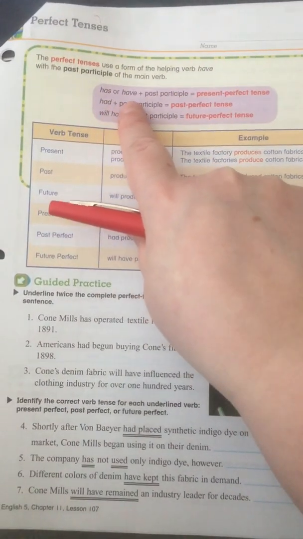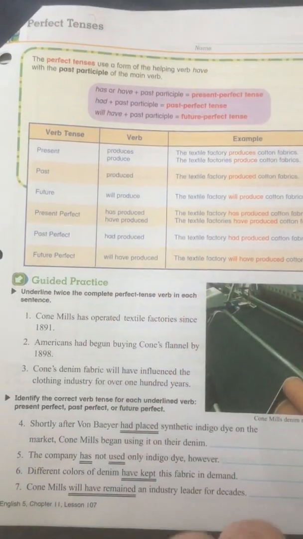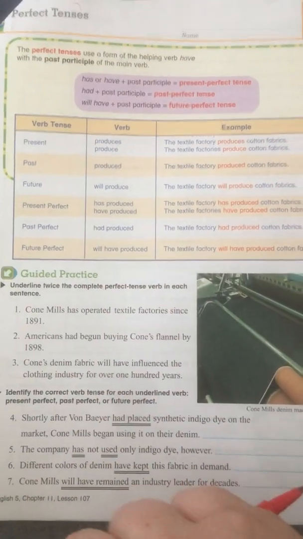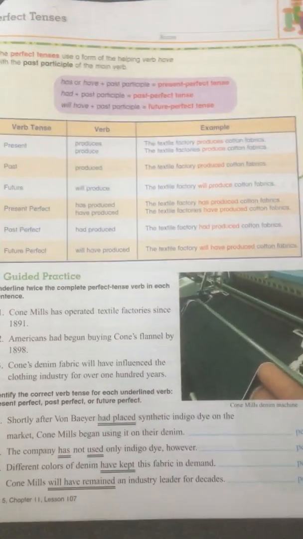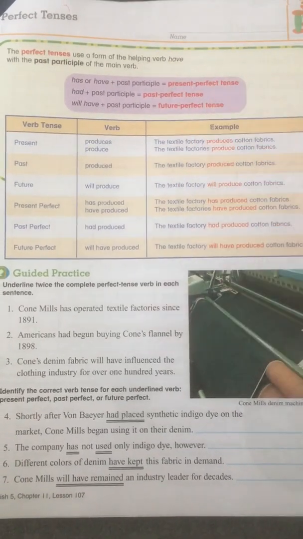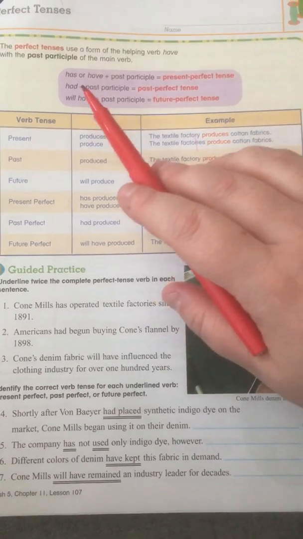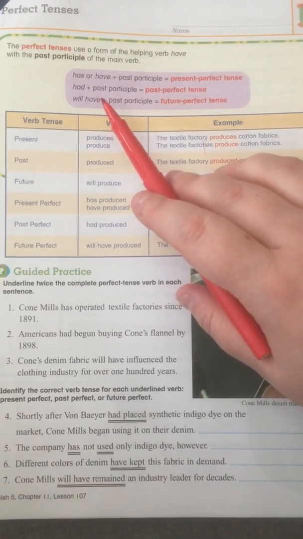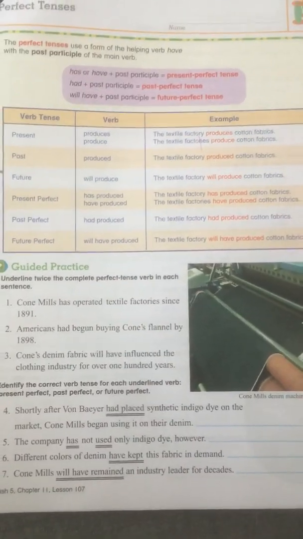If we use has or have and we use the past tense, we get the present perfect tense. It's something that started in the past, but whatever that action is, it's still happening in the present. Then you have the past perfect tense. It's something that started in the past and ended in the past, and you use had and the past tense.